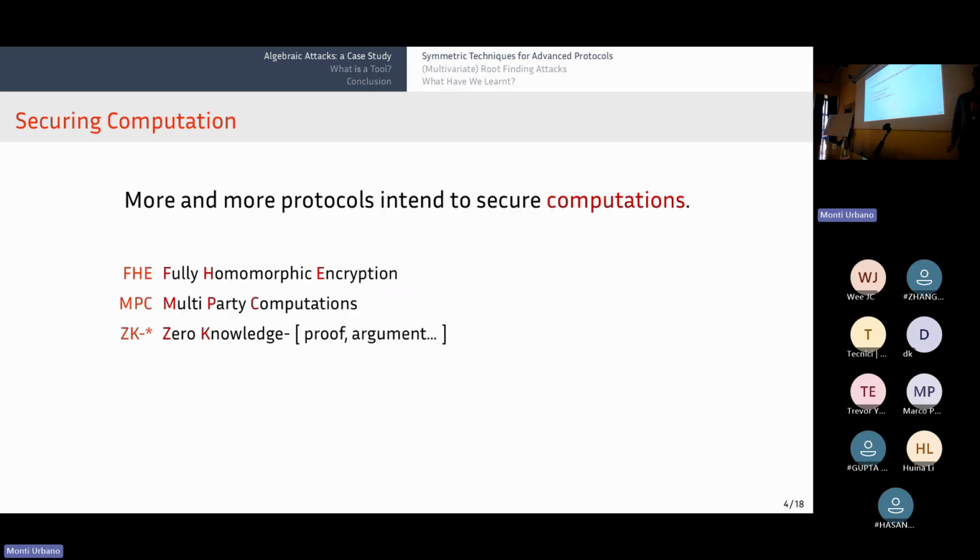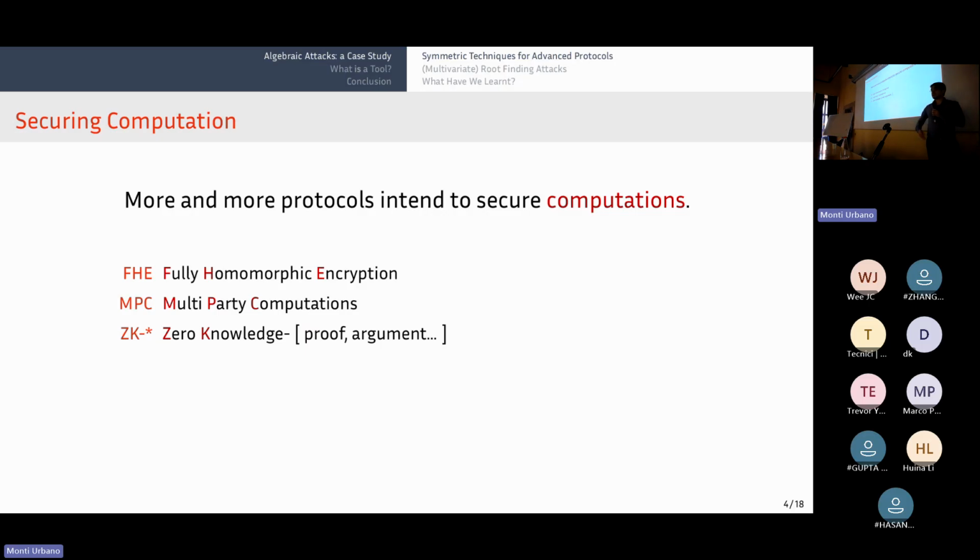But what's happening now is that people from other communities are starting to, well, started a while ago, to invent protocols that can secure whole computations, not just the data, but the computation itself. For instance, in the case of FHE, fully homomorphic encryption, what they allow is the evaluation of a function on some data that is encrypted.